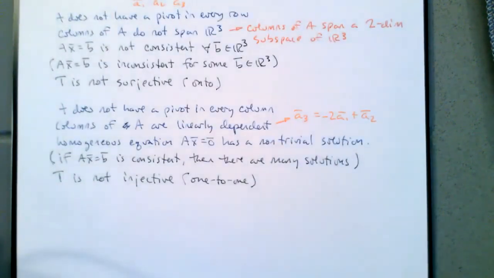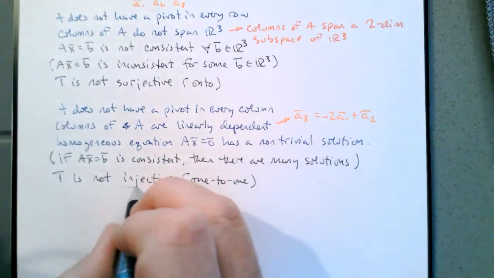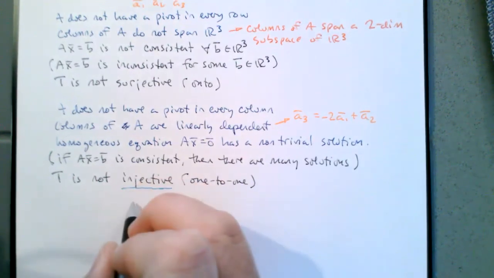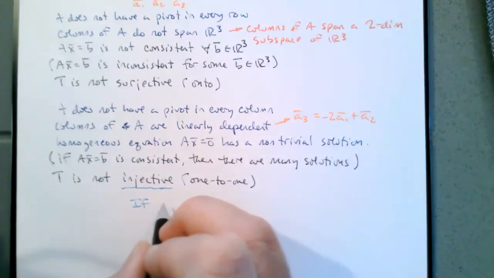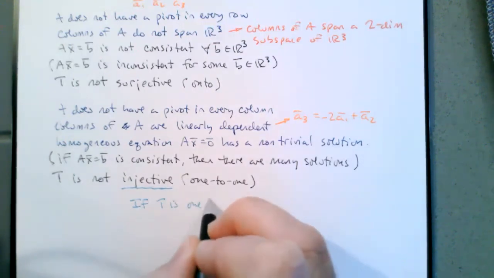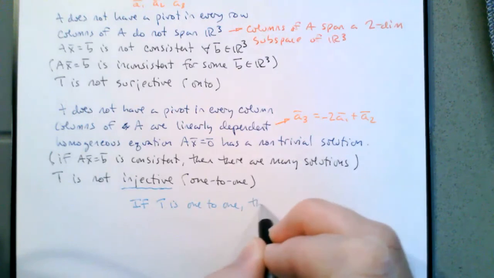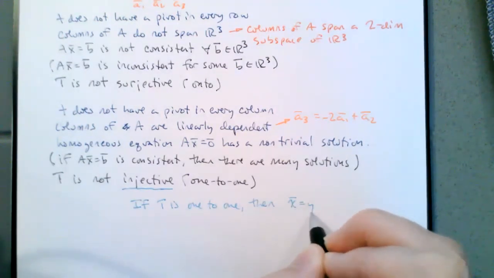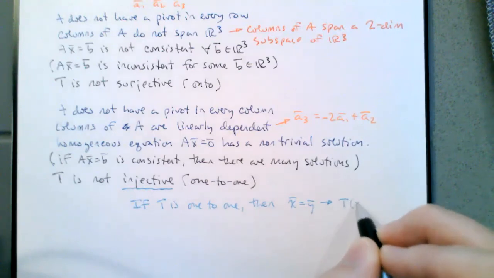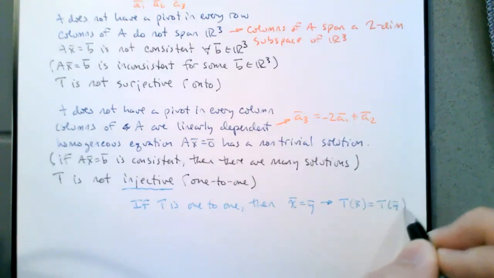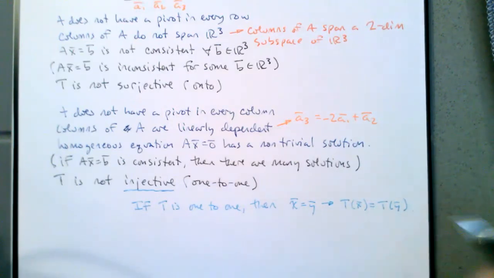So let's write that definition, because we love us some definitions in math class. Injective means that you don't have two different vectors in the domain mapping to the same vector in the codomain, or the range.